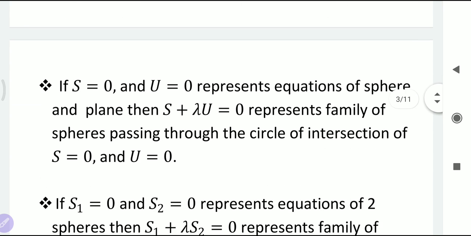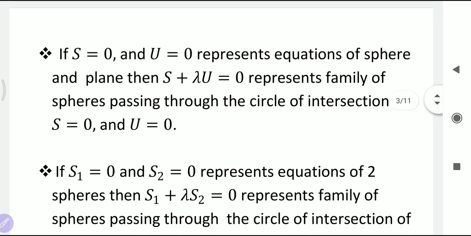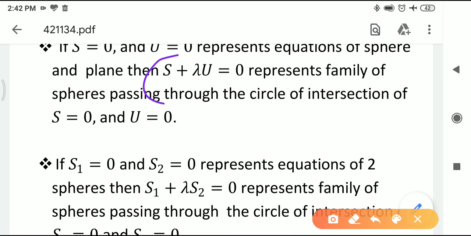Now if S equal to 0 is the equation of a sphere and U equal to 0 is the equation of a plane, then S plus lambda U represents the equation of a sphere passing through the circle which is formed by the sphere and the plane. So remember that: the equation of a sphere passing through a circle is S plus lambda U equal to 0, where that circle is made from the intersection of a sphere and a plane.